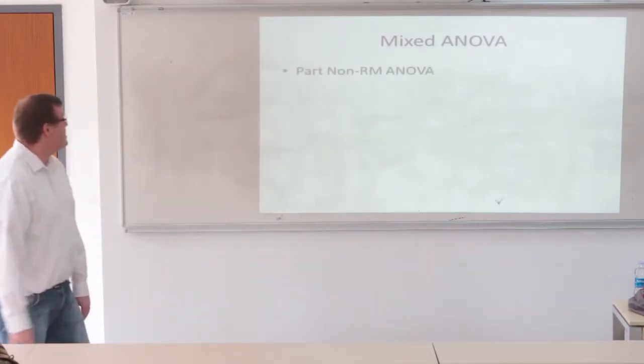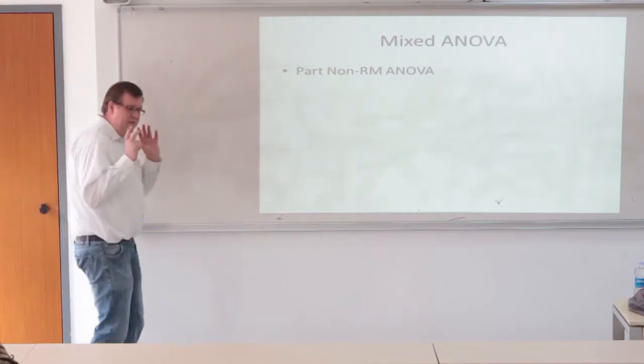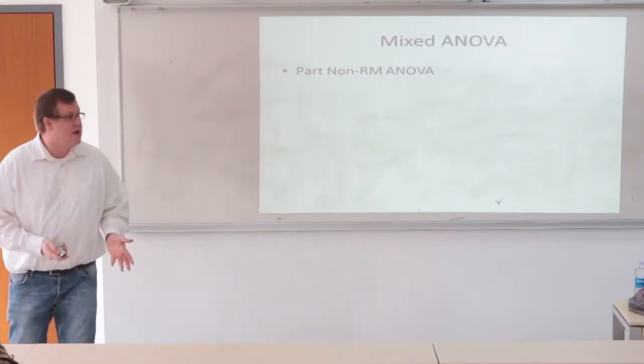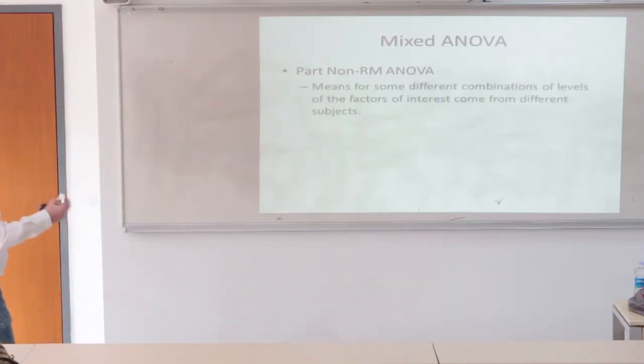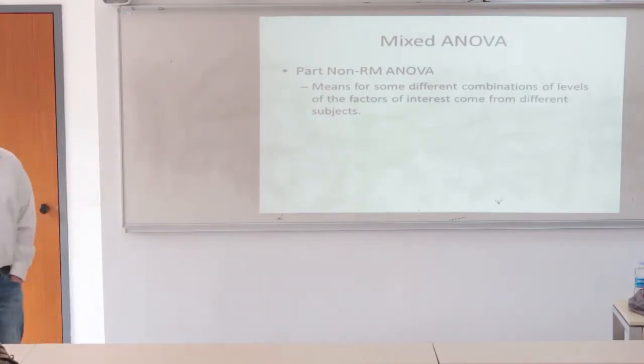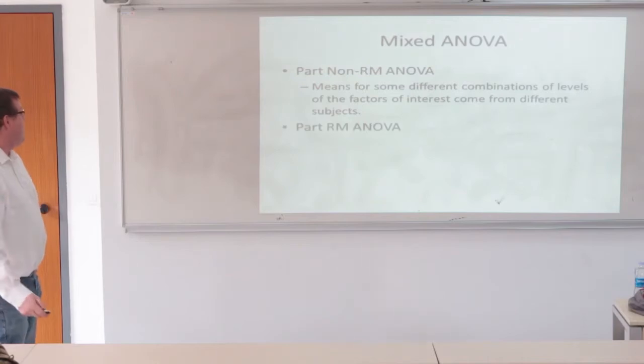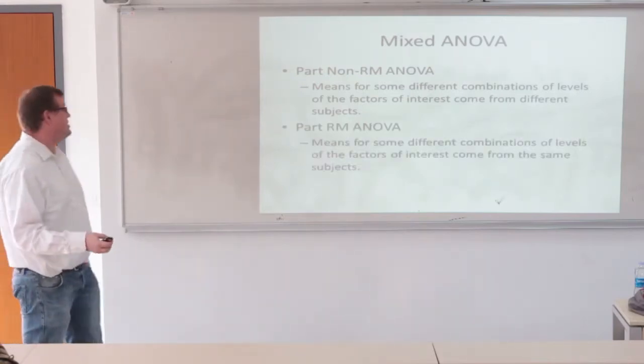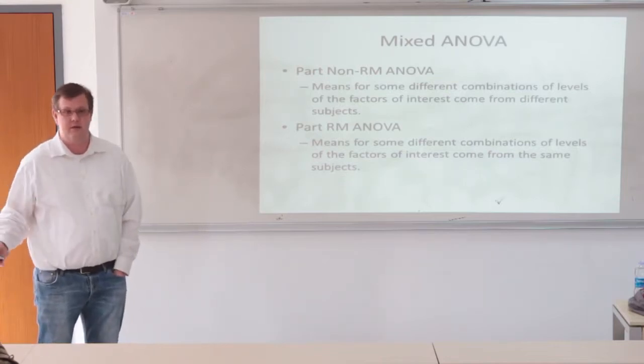That's exactly right. So with a mixed ANOVA, part of it is just like a non-repeated measures ANOVA. So means for some of the different combinations of levels of the factors of interest are going to come from different subjects. And part of it's going to be like a repeated measures ANOVA, where the means for the different combinations are coming from the same subjects.